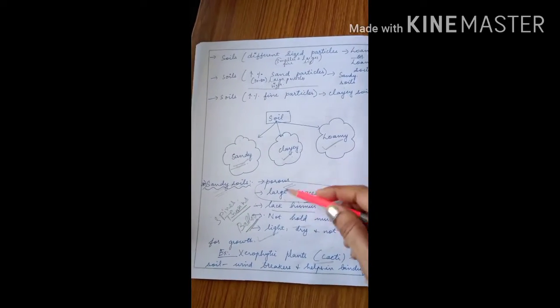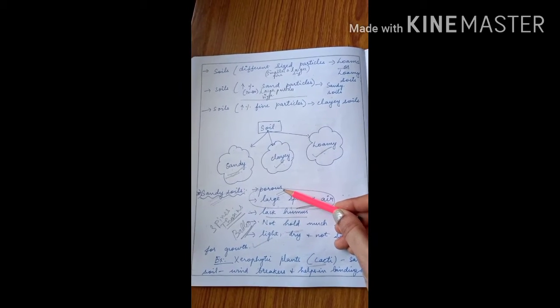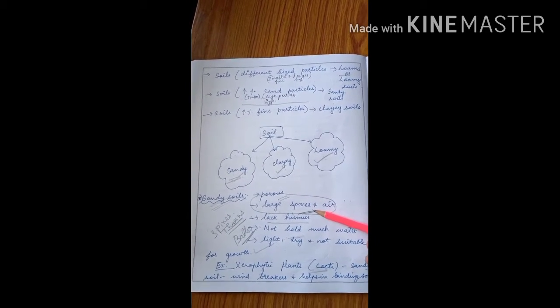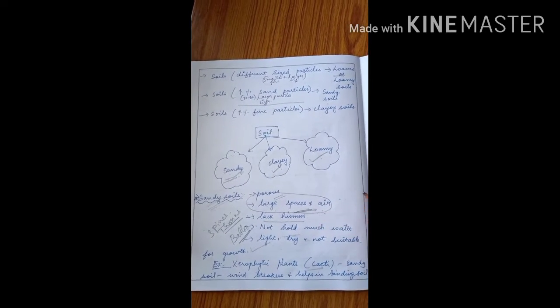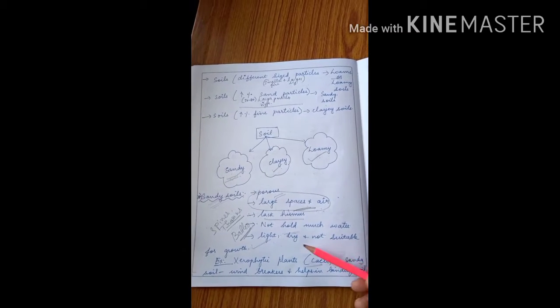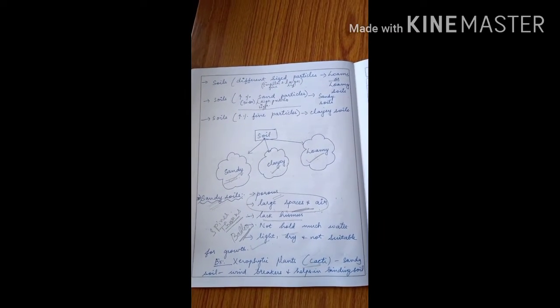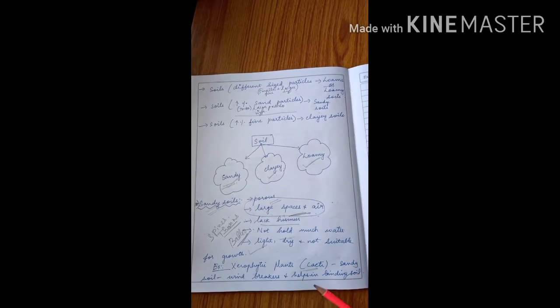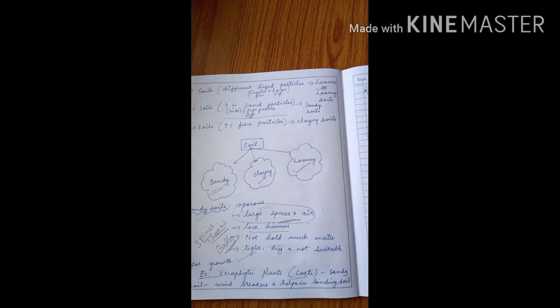At first, sandy soil is highly porous, has large spaces for air, lacks humus and does not hold much water. It is light, dry and not suitable for growth. For example, xerophytic plants like cacti can only grow on sandy soils.